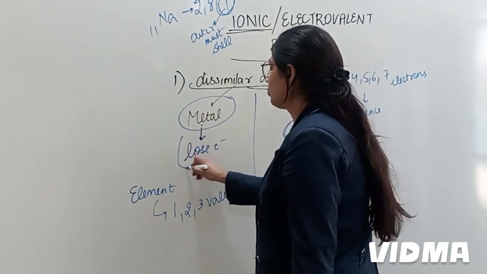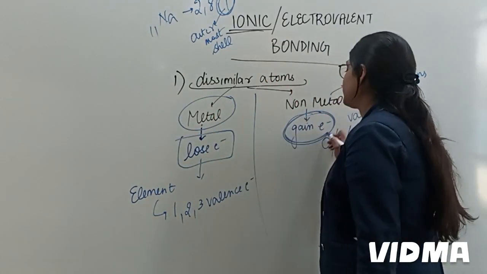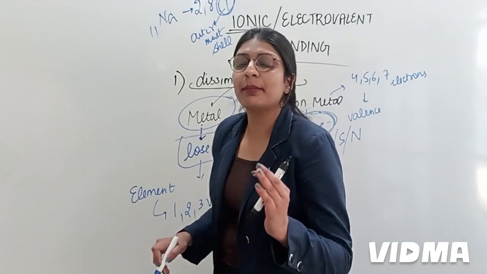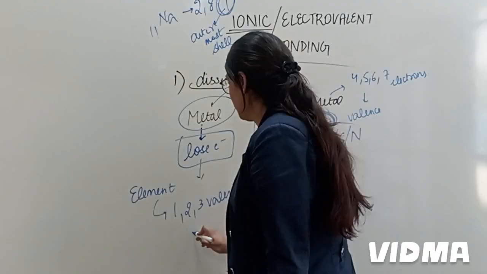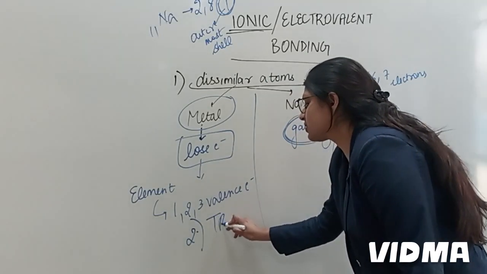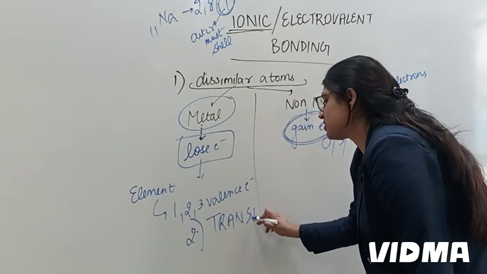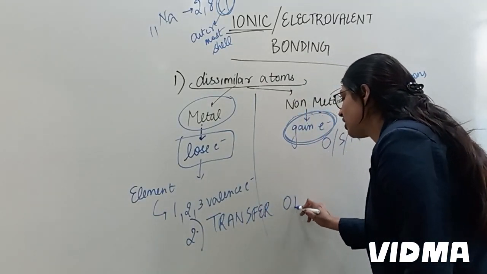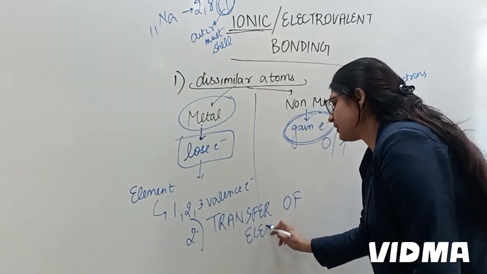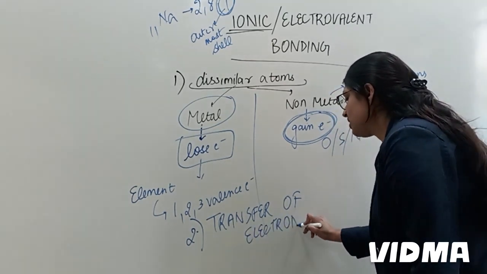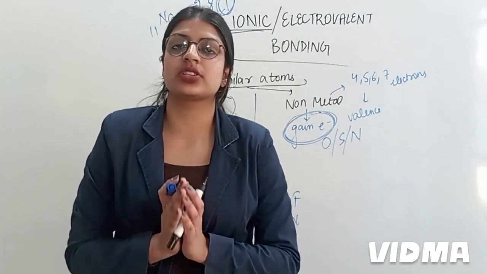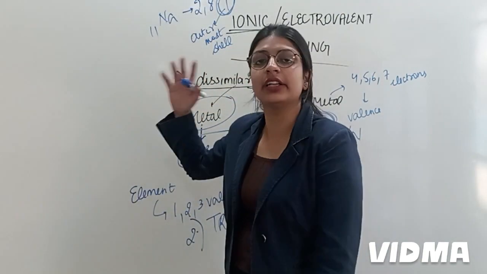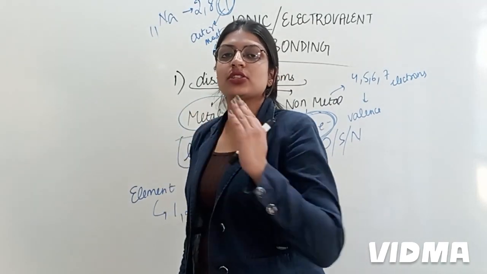Metal will lose electrons and non-metal will gain electrons, and by this phenomenon there will be a transfer of electrons. This point is very important: transfer of electrons takes place in this kind of bonding. Now we will see how this transfer takes place, by a metal losing and a non-metal gaining electrons.